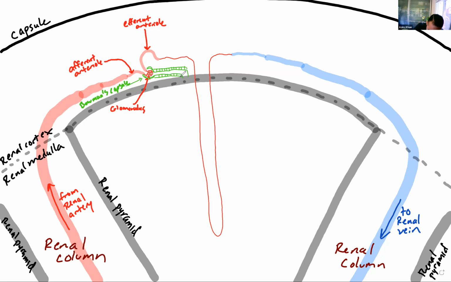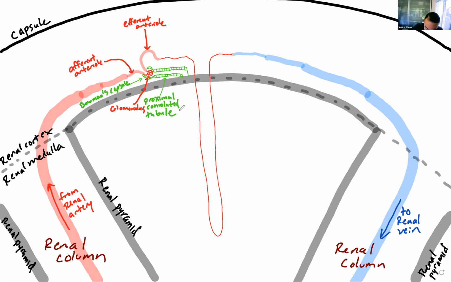So here's my simple cuboidal. This is the proximal convoluted tubule.